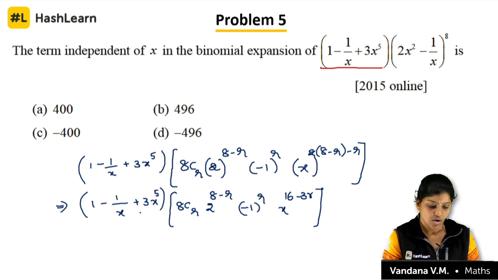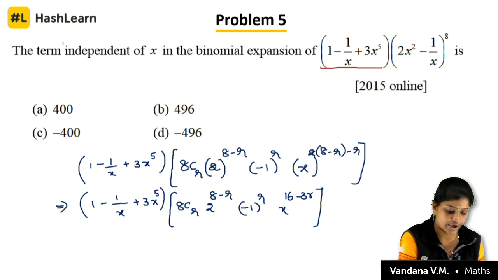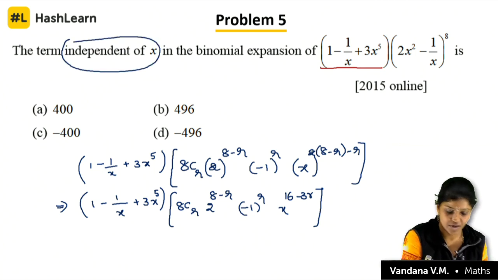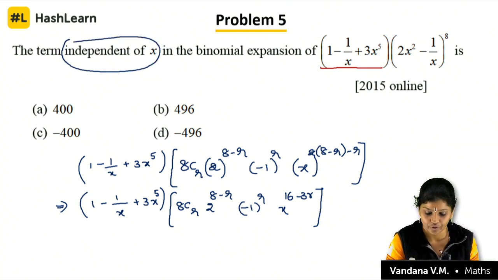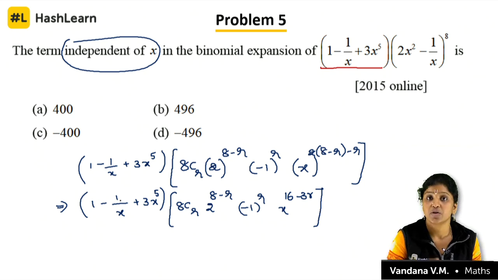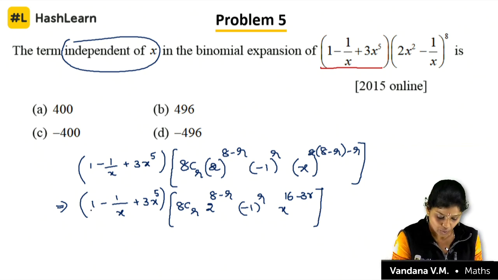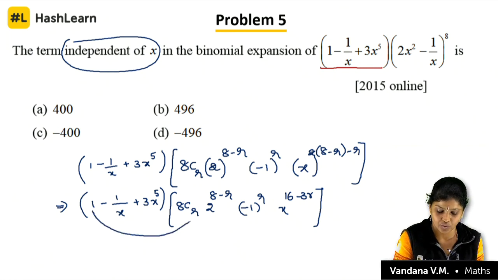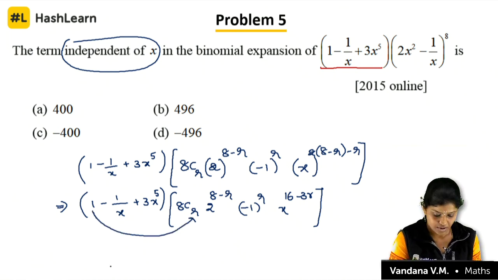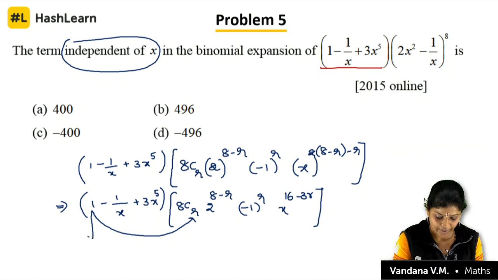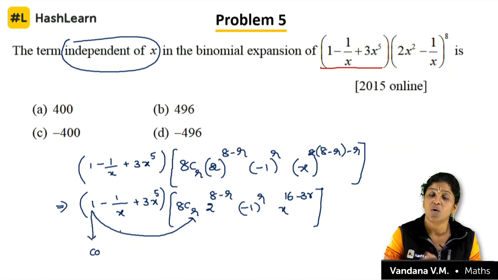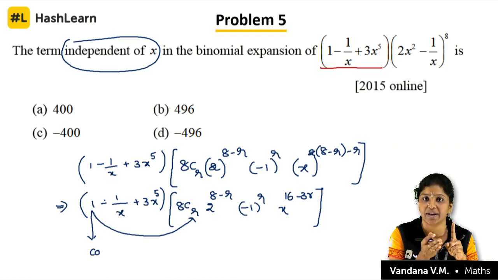Now children, what do I want? Independent of x. What is the meaning of independent of x? That is, if you multiply, you should not get any x value, right? So, if you are multiplying this with this, for this term I am writing the coefficient. When 1 is there, with what term will I get the independent term?